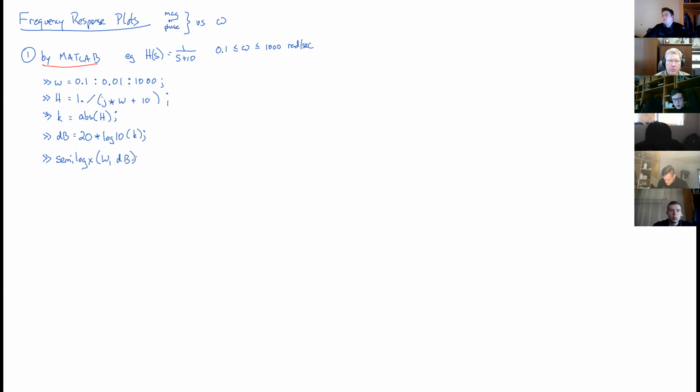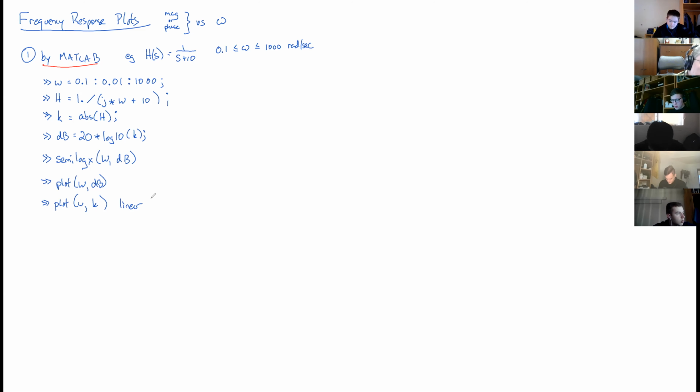Another way to do it is you could say plot omega k. This would be a purely linear plot, both horizontal and vertical.